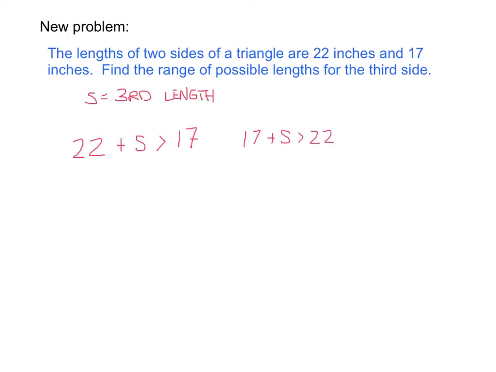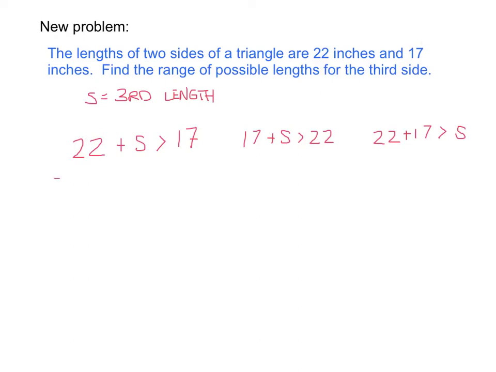Again, for the same reason. We're adding one side plus another side, which has to be greater than our last side. And lastly, we have one more: 22 plus 17 has to be greater than S. We have 22, which is one side we know, and 17, which we also know, and that has to be greater than this new one. And now we just go ahead and solve each of these inequalities for S.